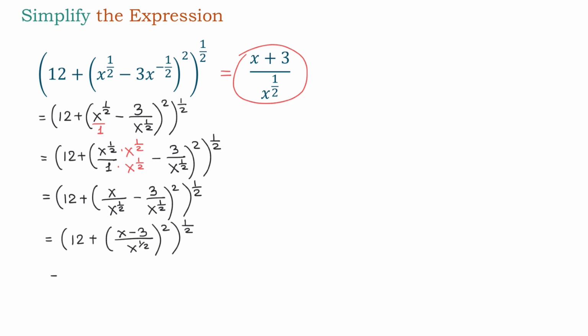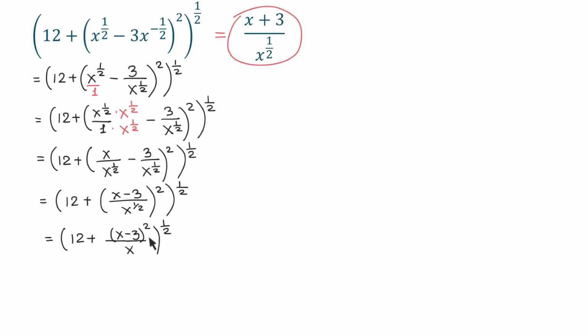If we do that, then we will have 12 plus, then we will start a fraction, and in the numerator we will have x minus 3 squared, and in the denominator, when we raise x to the 1/2 to the second power, we need to multiply these two exponents. And 1/2 times 2 is 1. So in the denominator we will have x to the first power, or just x. Then all this will be raised to the 1/2.